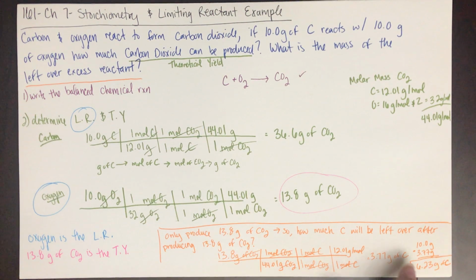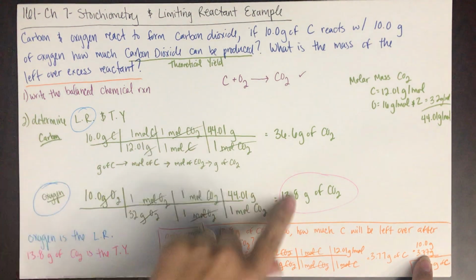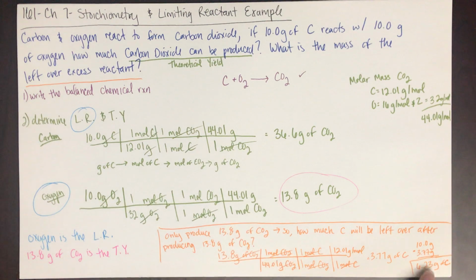That's another thing you might hear the excess reactant called. You might hear it called the unreacted reactant, because only 3.77 grams of carbon reacts to form this carbon dioxide. So that means 6.23 grams of carbon is left unreacted or excess.